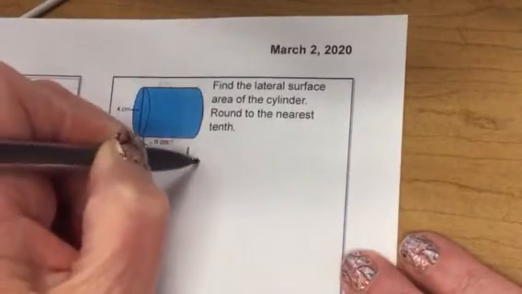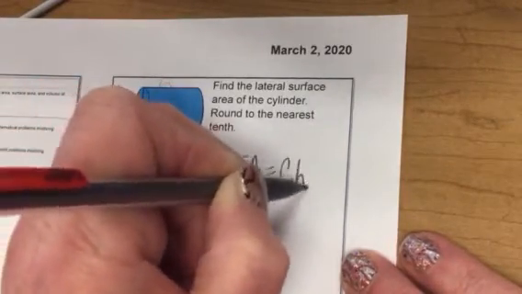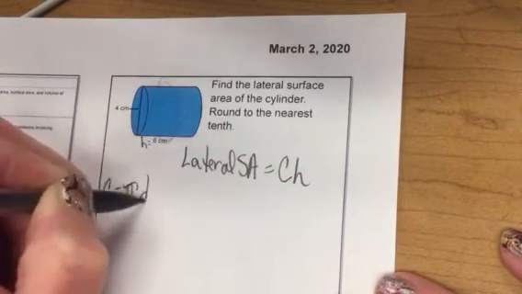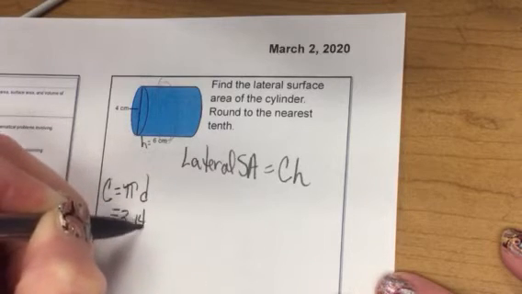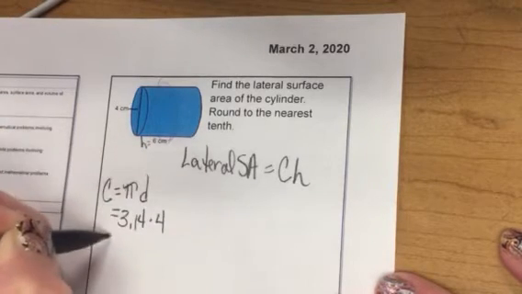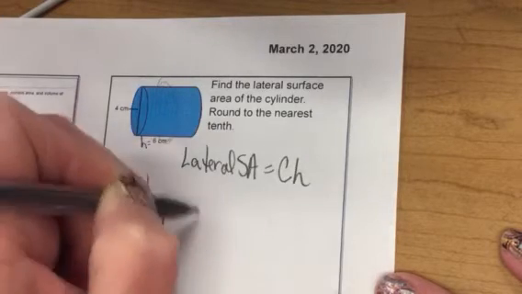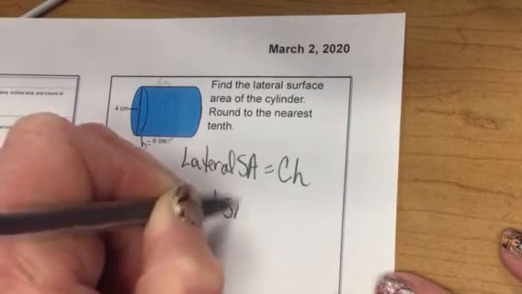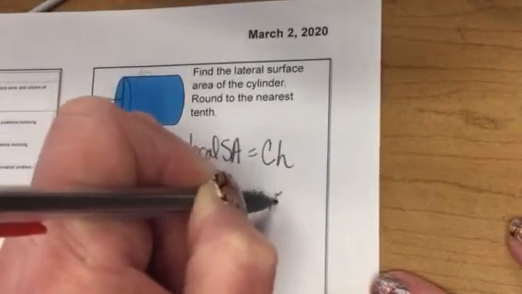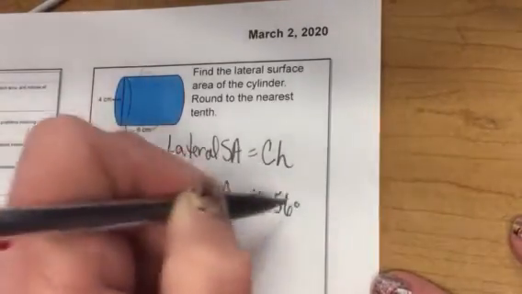So my lateral surface area is only CH. So my circumference, pi d, 3.14, my diameter of 4, 12.56 centimeters. So my lateral surface area is 12.56 times a height of 6.